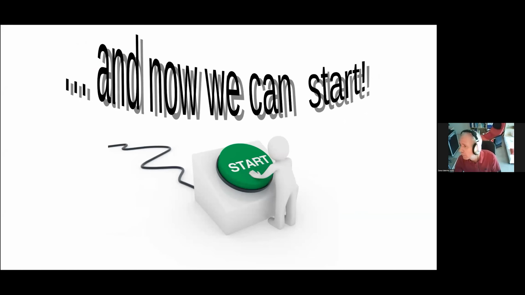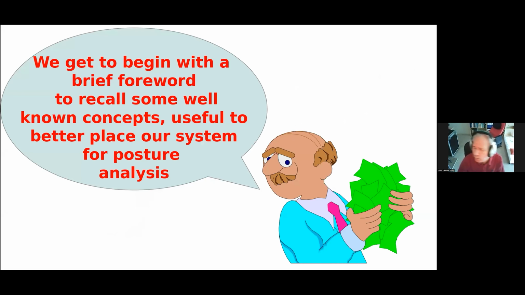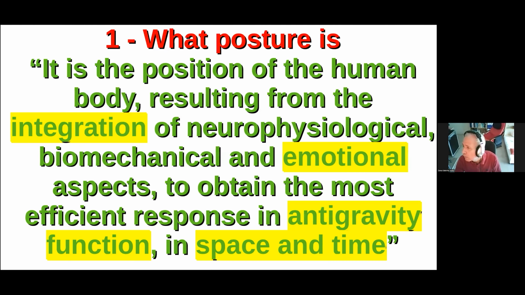Well, now we can continue, and we begin from some concepts that surely you already know, but they will be extremely useful for us to place our system. So first is the definition of posture.